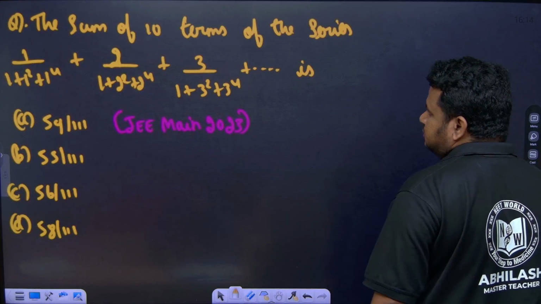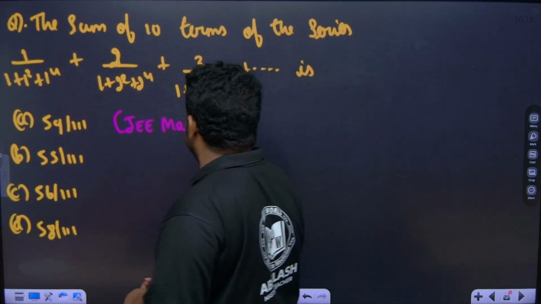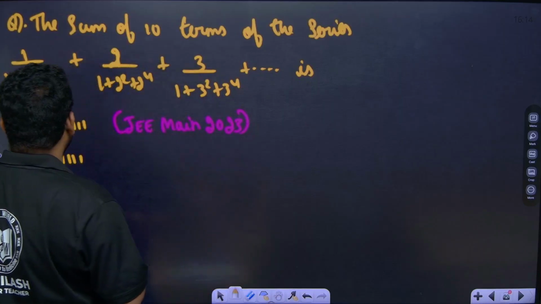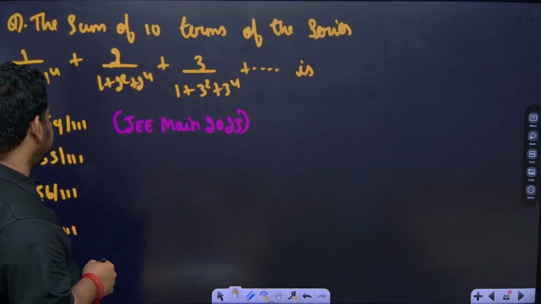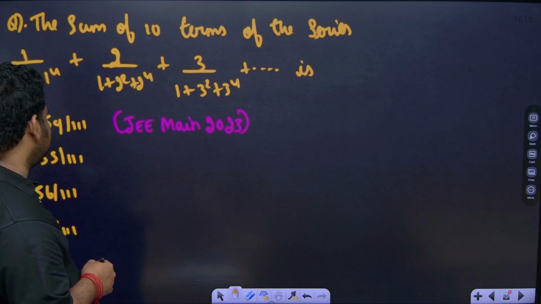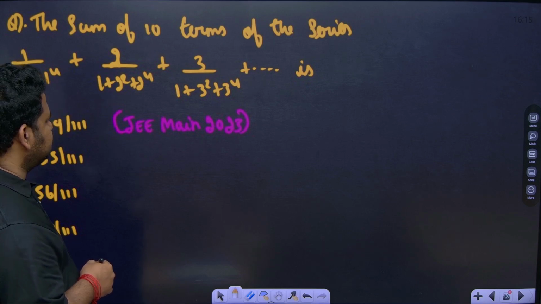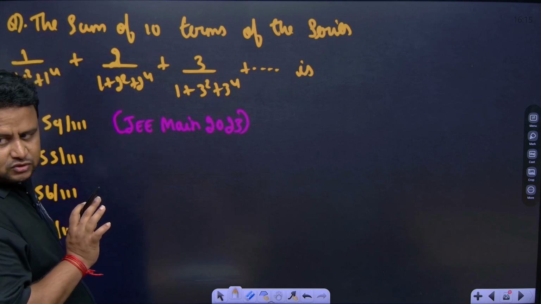Let us see. They have given 1 plus 1 square plus 1 to the power of 4, 2 by 2 square plus 2 to the power of 4, 3 by 3 square plus 3 to the power of 4, and so on. So this is the question.